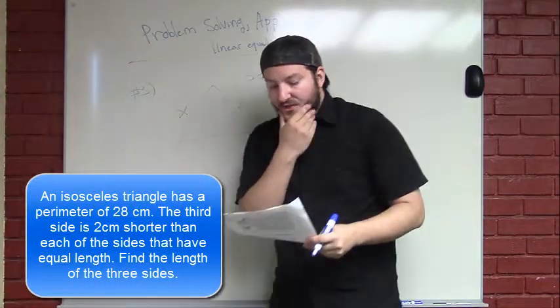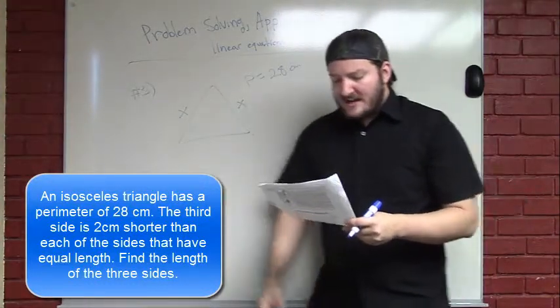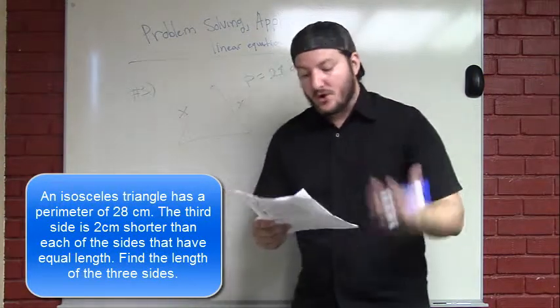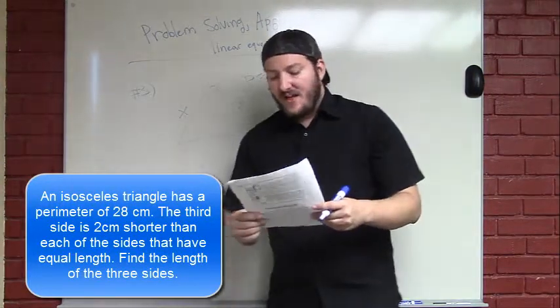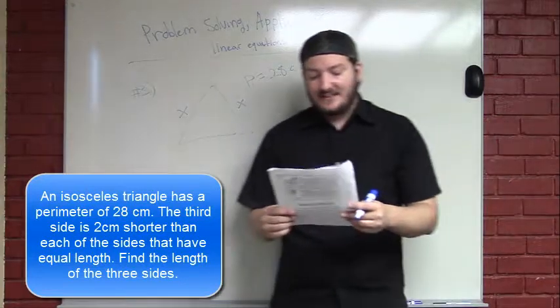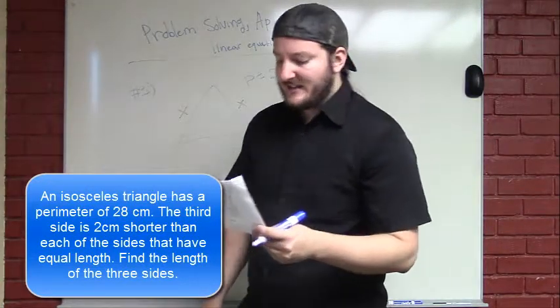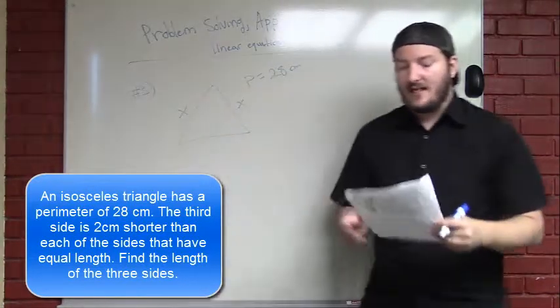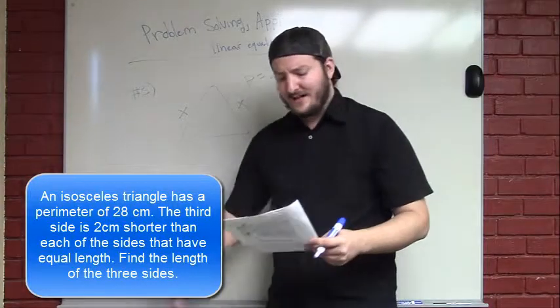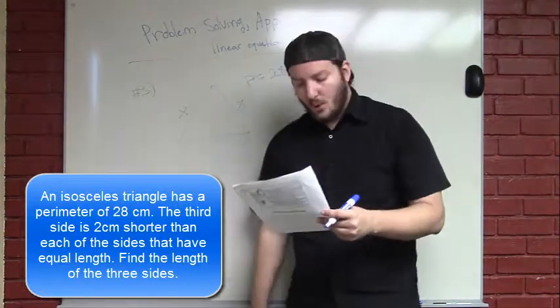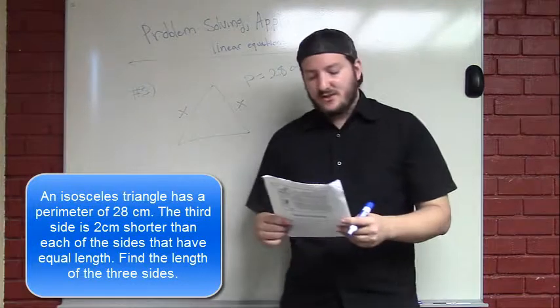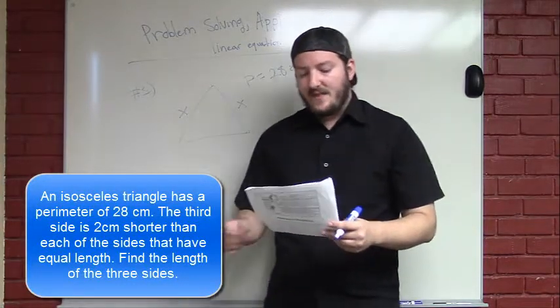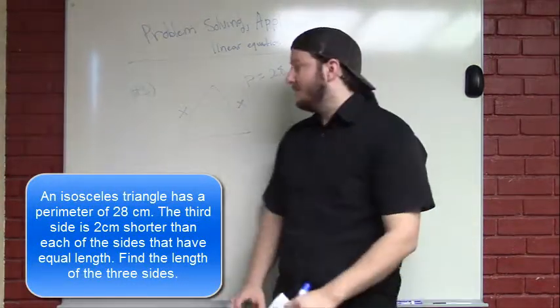Now it says the third side is 2 centimeters shorter than each of the sides that have equal lengths. So what does that mean?